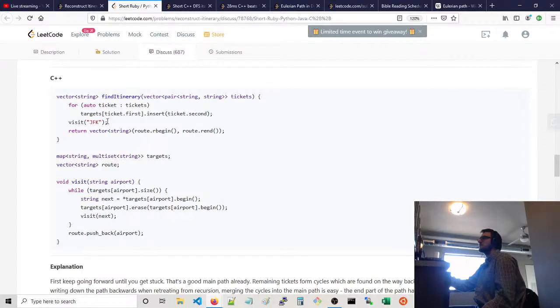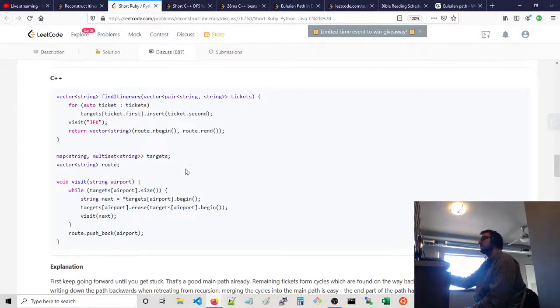Did something like this. Visit JFK, route begin, route end, reverse the route, visit the route, visit while airport size target, okay. Targets, next equals begin, erase, visit next, push back airport.